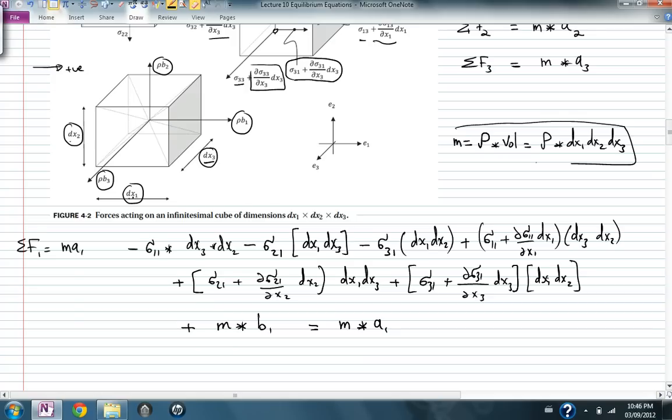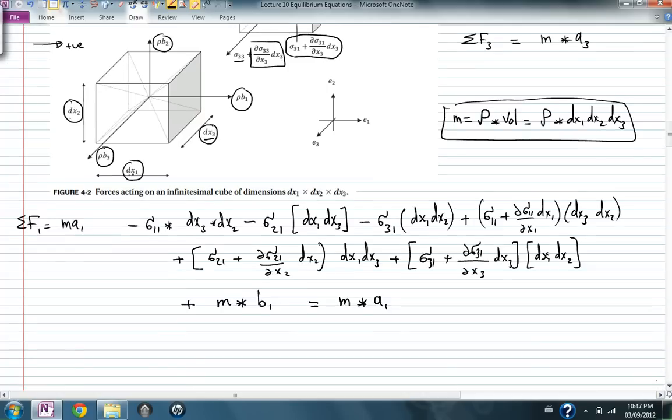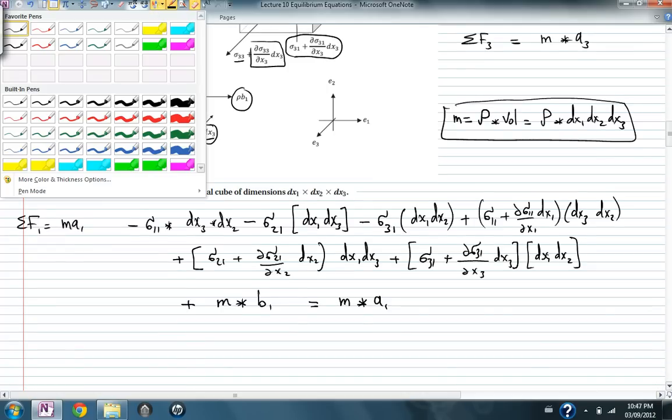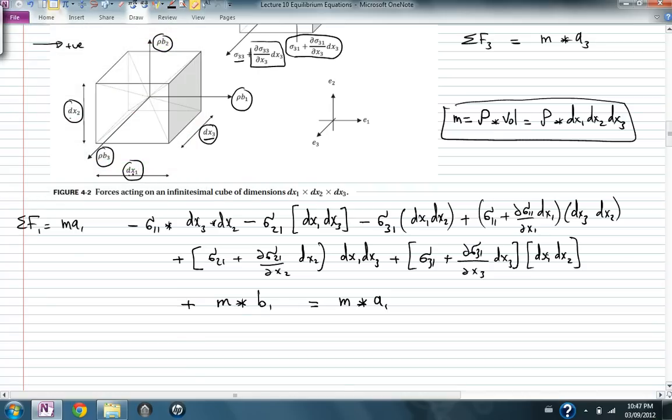So I'm going to substitute rho multiplied by dx1 dx2 dx3 for the mass, and then I'm going to divide by the volume. But before I do this, notice that negative sigma on 1 dx2 dx3 cancels sigma on 1 dx3 dx2. Negative sigma to 1 cancels sigma to 1. Negative 3,1 cancels 3,1. And I'm left with the following components.